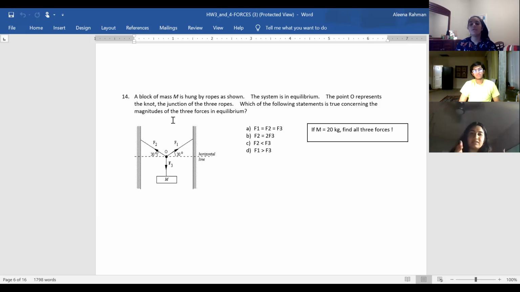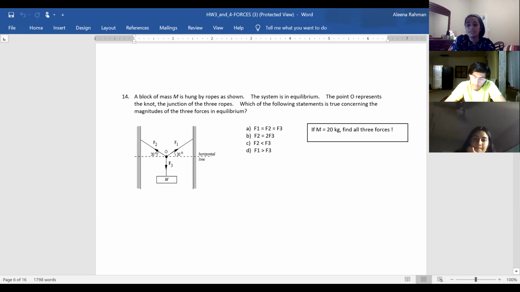You get what I'm saying? Okay, yeah, that makes sense. The two of them would be equal to the weight pulling it down. So F3 is the tension, and in this case it's just equal to the weight, mg. So we can conclude that F1 equals F2, and F3 equals mg, which is A.